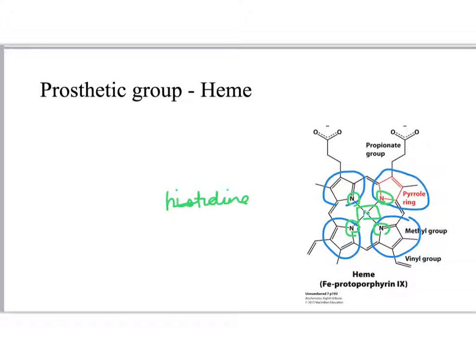Now, iron can be in both the 2+ and 3+ state. So both of these can exist within the structure. However, the 2+ state is the only state that's capable of binding oxygen. So if we're trying to bind oxygen, we want the 2+ state.